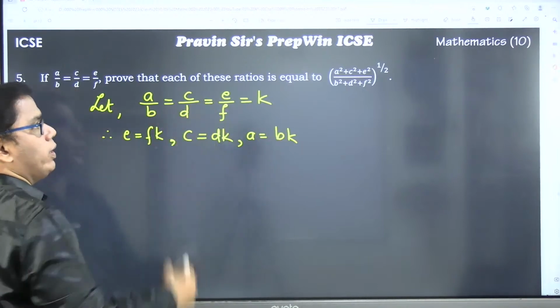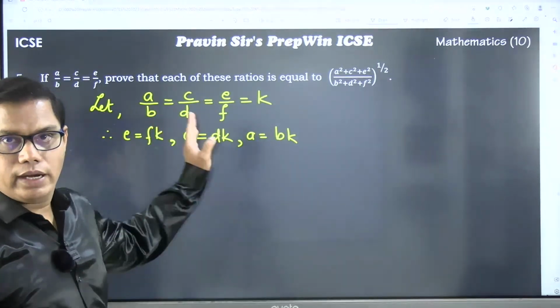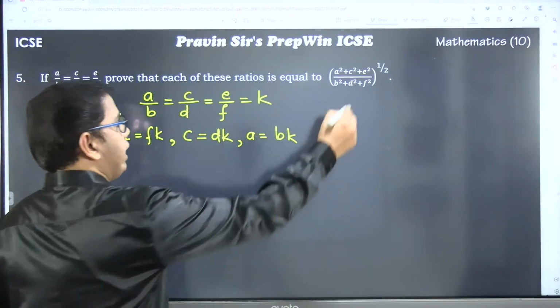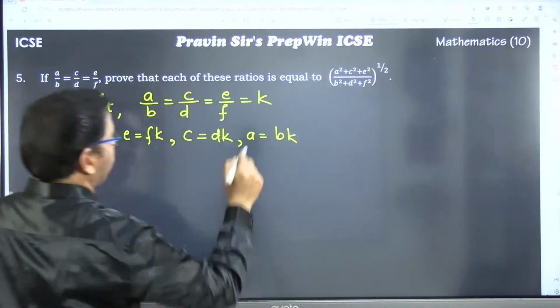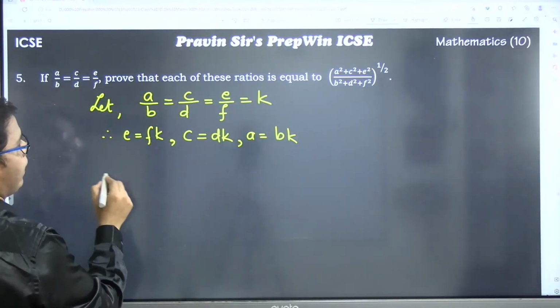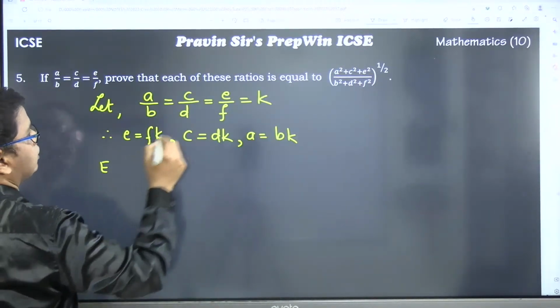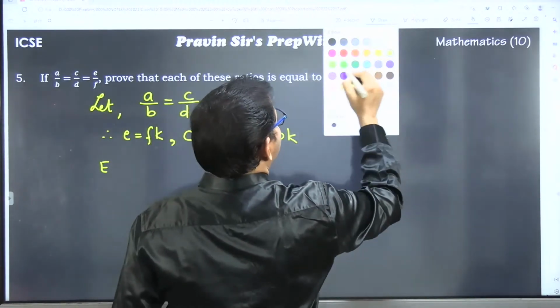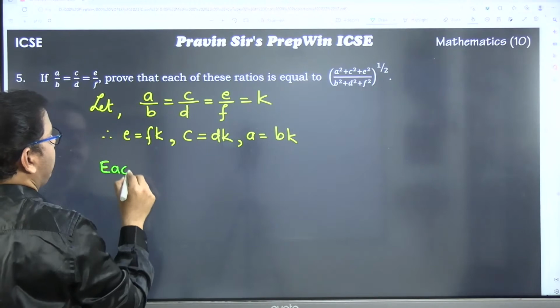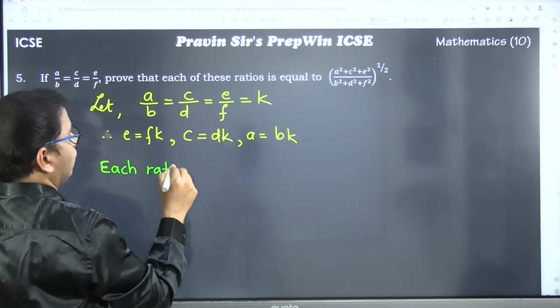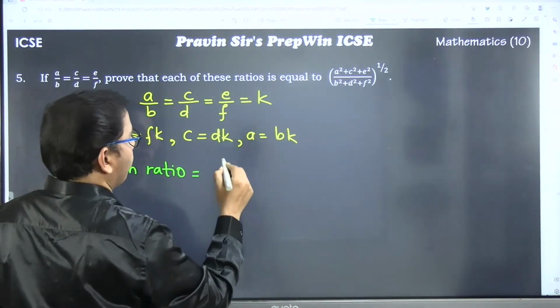Each ratio is equal to k. And we have to show that this ratio is also equal to k. Now I write each ratio, it looks very complicated.